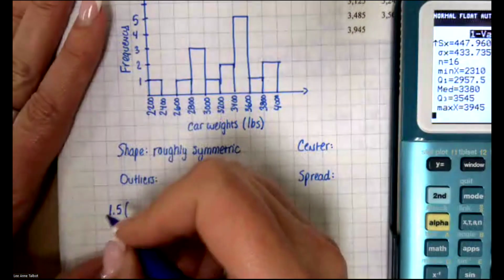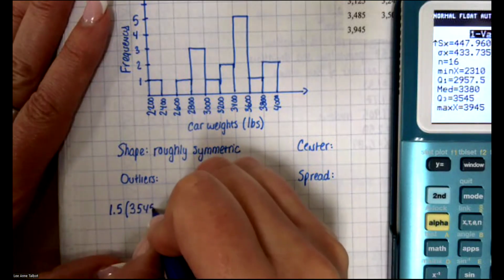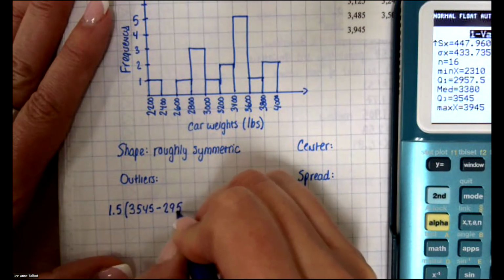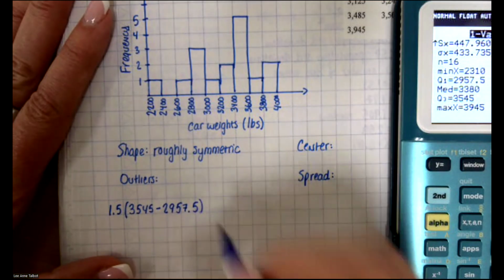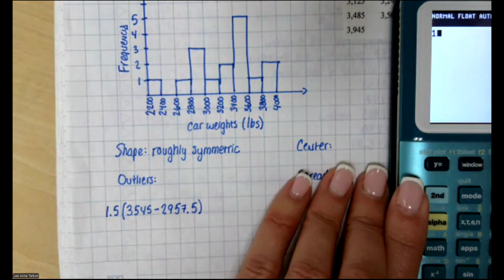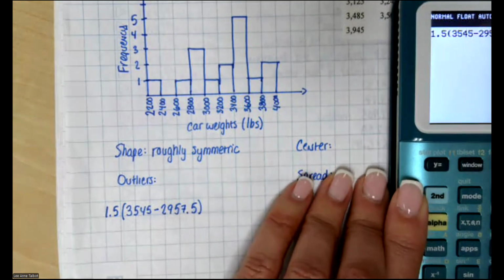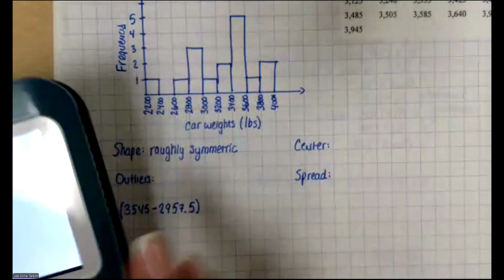So 1.5 times 3,545 minus 2957.5. That gives 881.25.